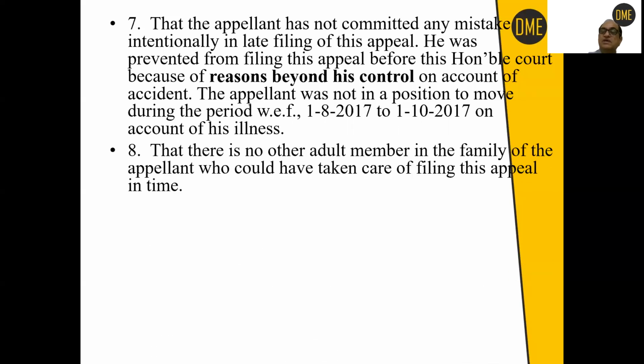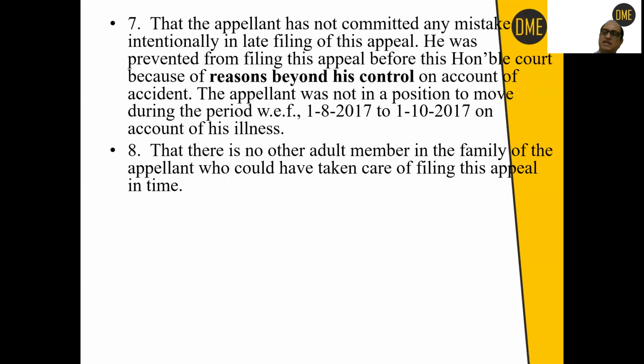The appellant was not in a position to move during the period from 1st August to 1st October on account of his illness and confinement to bed in the hospital. This is the reason which he is showing, and the reason is beyond his control. It appears that the reasons are beyond his control since he met with an accident.